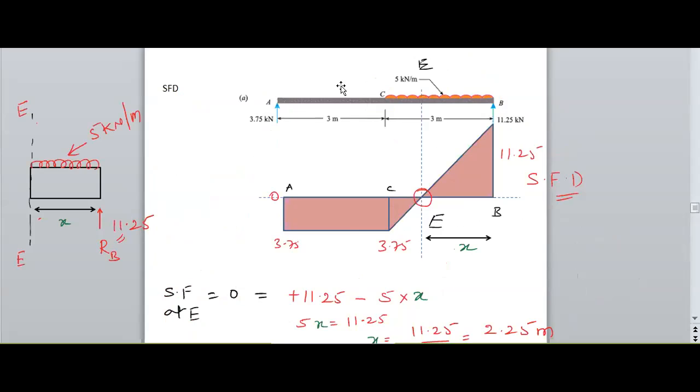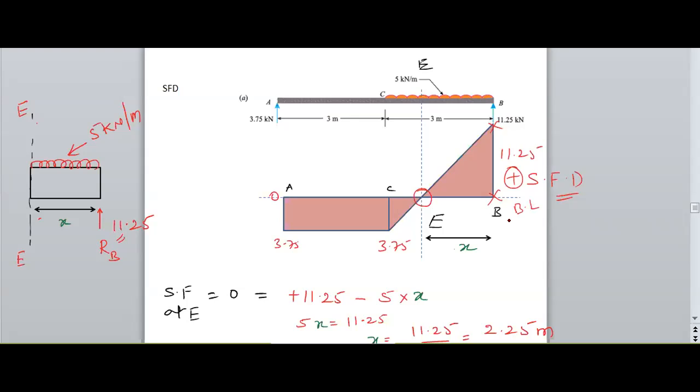So initially it is 0. Before B it is 0. At B it is a positive 11.25. So positive direction I need to consider it, upwards, above the baseline.